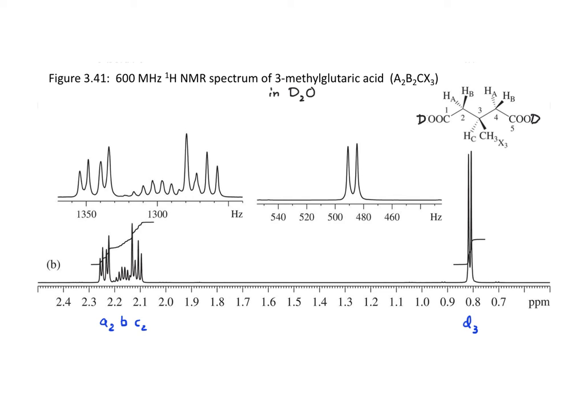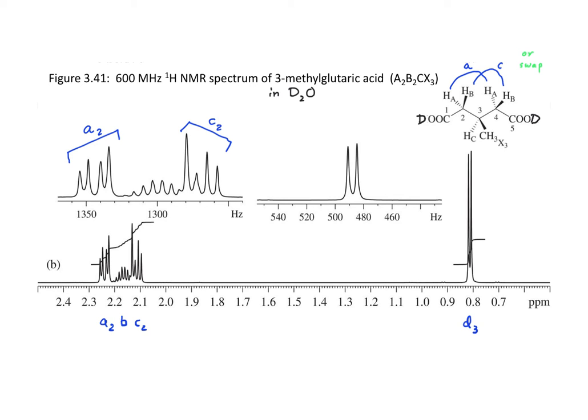As we analyze this, hopefully we can now see that the doublet of doublets, and here's another doublet of doublets, correspond to the methylene hydrogens that are diastereotopic. I don't think that we can specifically assign whether A is the pro-R or the pro-S hydrogen.